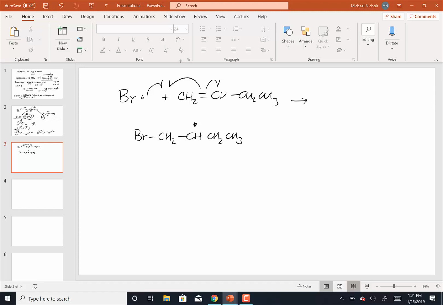What would the transition state look like? If I write out the molecule without the double bond, it would have a partial bond between the carbon and the bromine, and then a partial double bond, because that's what's being broken.